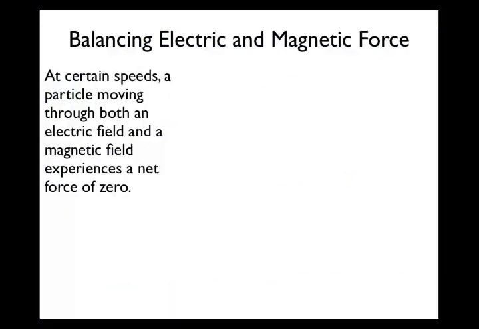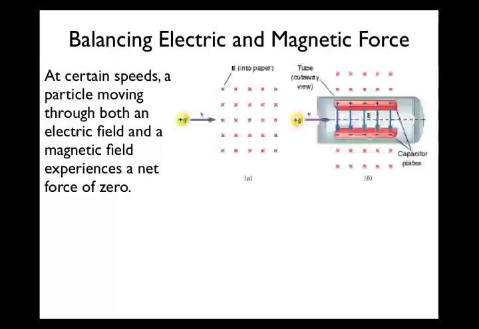All right, another example problem. At certain speeds, a particle moving through both an electric field and a magnetic field experiences a net force of 0. So again, let's think about this situation we had a few slides back. If I have a positive moving charge moving to the right and the magnetic field in this region points into the paper, that actually produces a magnetic force on the moving charge that is directed up.